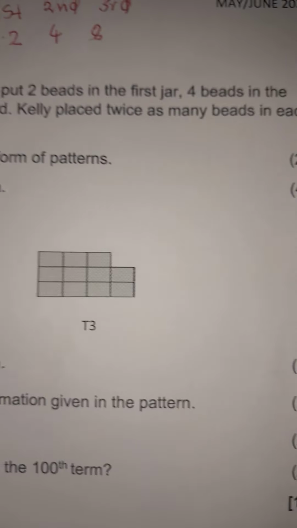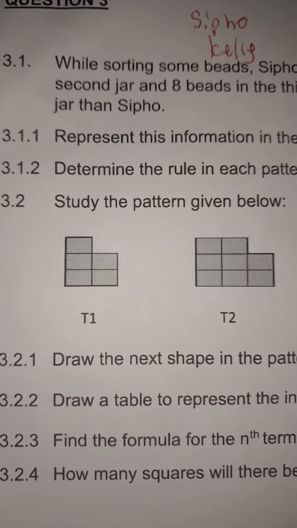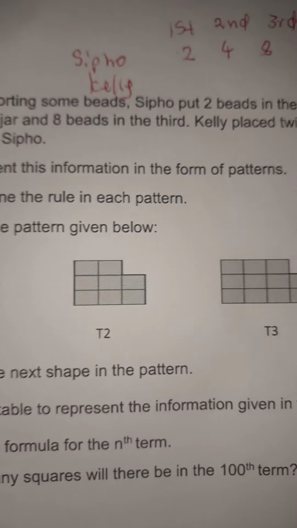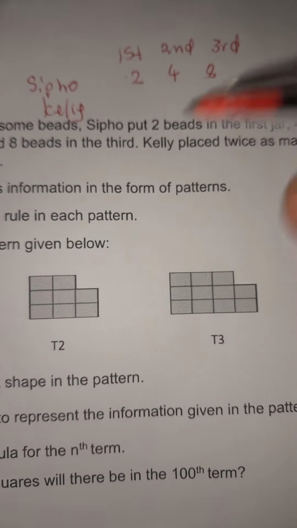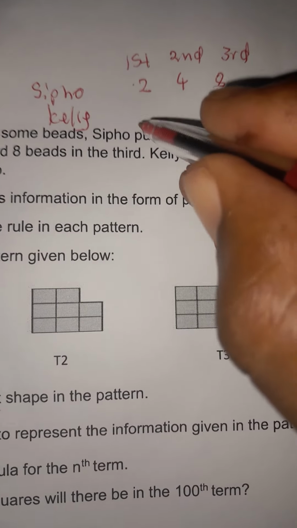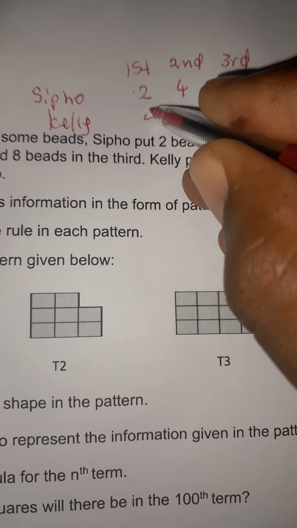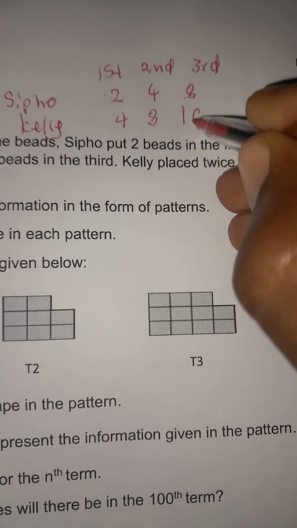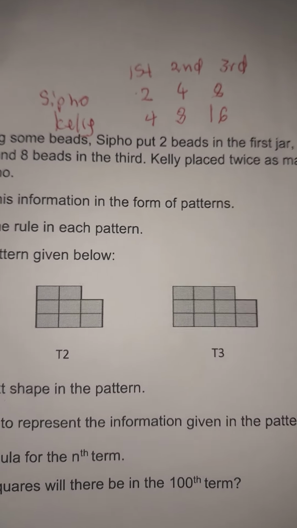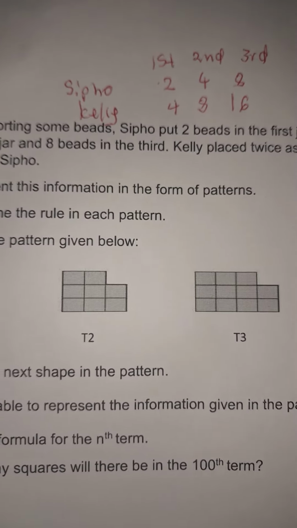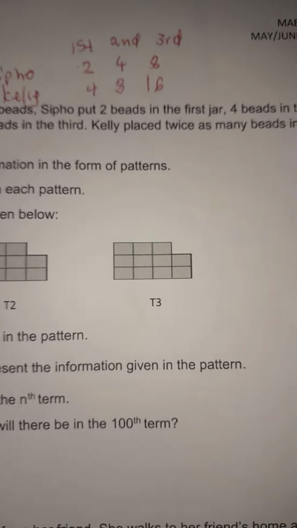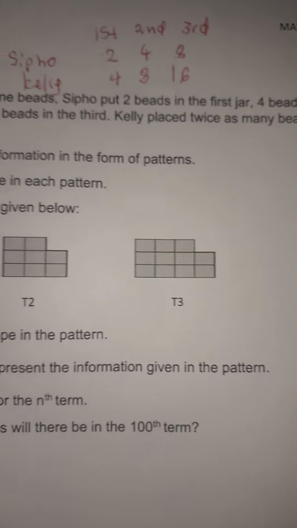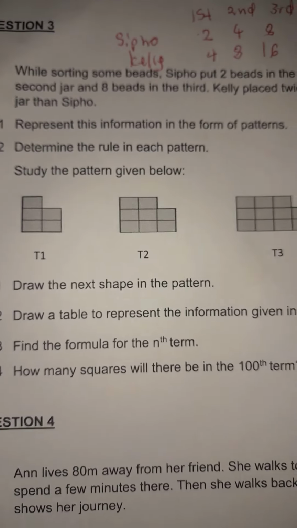Kelly placed twice as many beads in each jar than Sipho, meaning that it's 2 times of what Sipho put in the jar. So 2 times 2 will be 4, 4 times 2 will be 8, 8 times 2 will be 16. So we have 2 patterns here for Sipho and Kelly. That's what you were supposed to write, and that's how we are going to get 2 marks there.